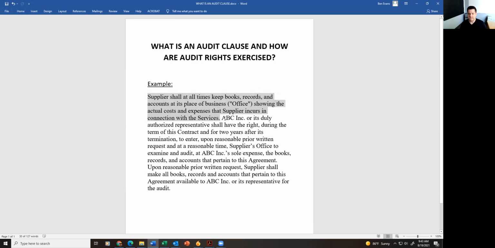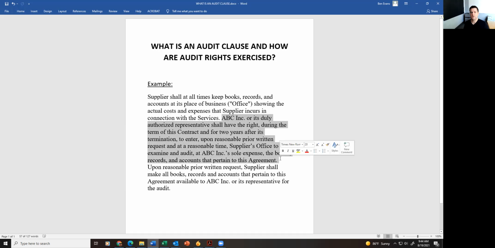The next sentence is going to tell us how long do they have to hold on to it. So ABC Inc., that's the company who we're representing theoretically, or its duly authorized representative shall have the right during the term of this contract and for 2 years after its termination to enter upon reasonable prior request and at a reasonable time supplier's office to examine and audit at ABC Inc.'s sole expense the books, records, and accounts that pertain to this agreement.